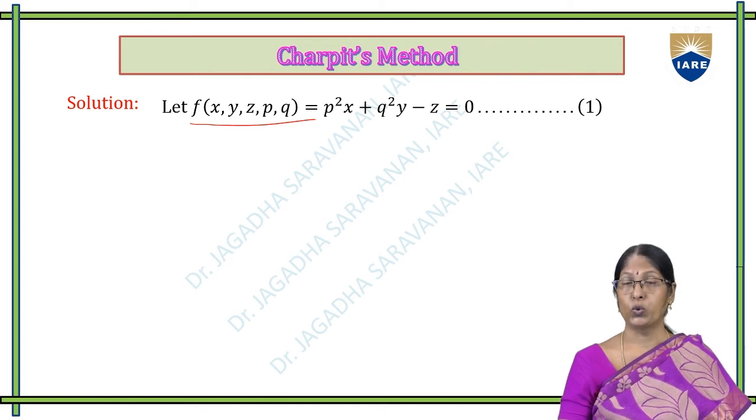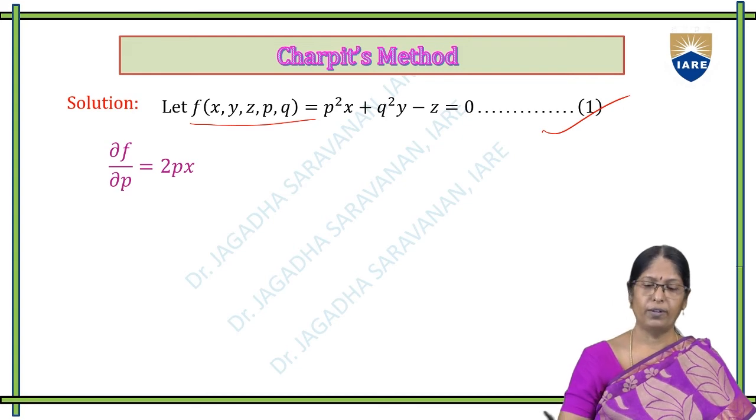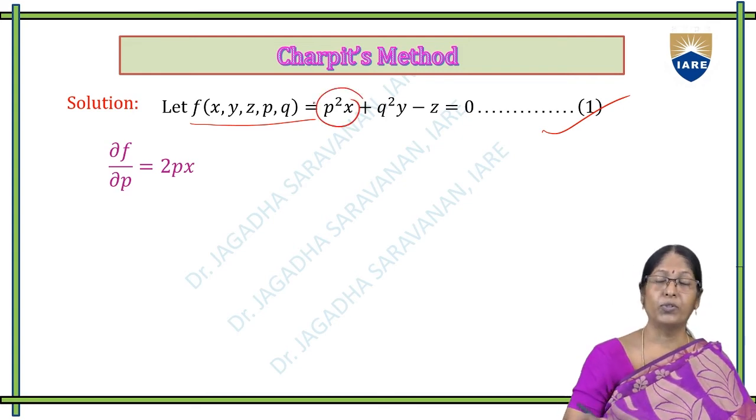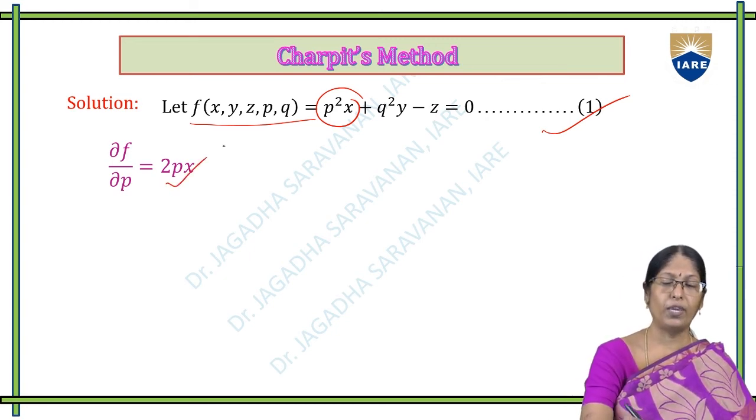So f, the function of x, y, z, p, q, we named it as equation 1. Dou f by dou p: in our equation, p square is there, the differentiation is 2p into x, treated as constant, 2px.